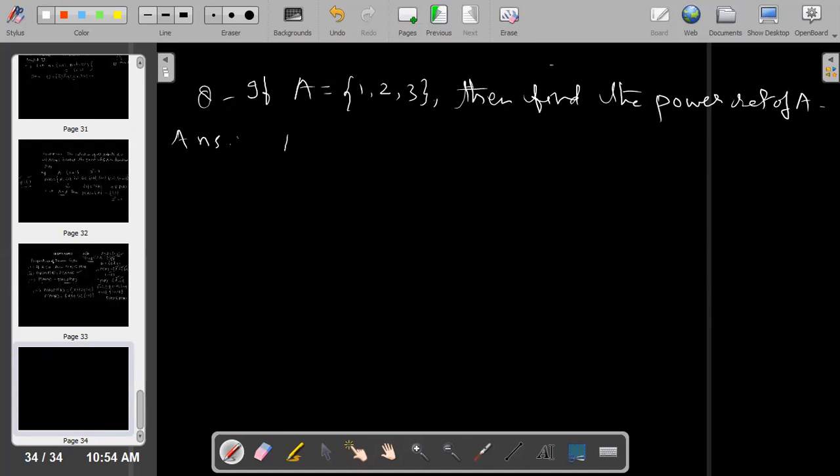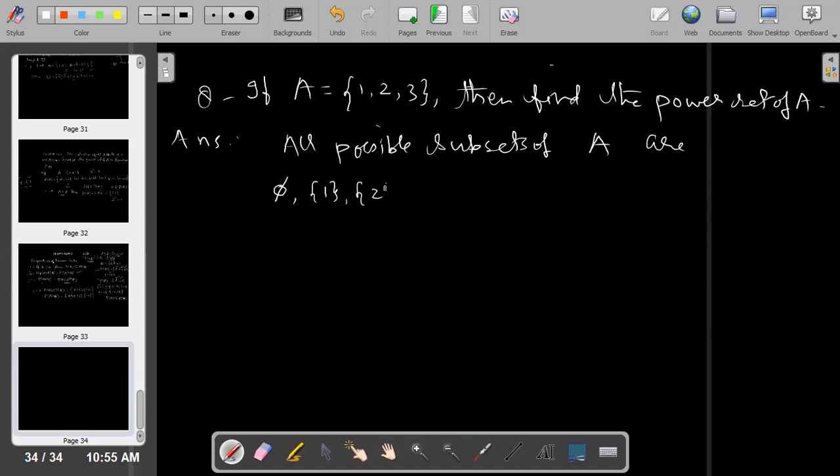So all possible subsets of A are: first always write the null set, then we will take sets of a single element: 1, 2, and 3.